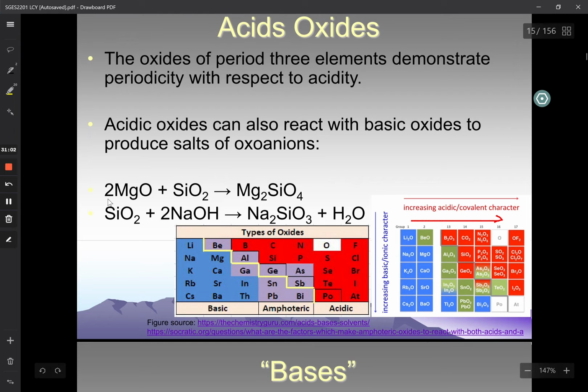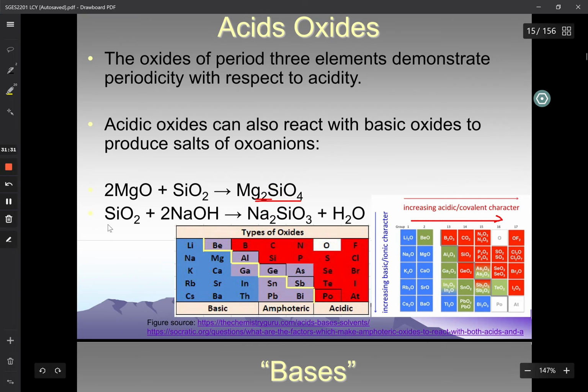For example, magnesium oxide here, which is basic in nature, reacts with silica and you form magnesium silicates, and this is the salt.